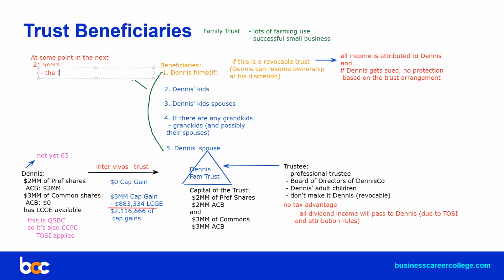At some point here, the trustee figures out which kids, or none, it might be none, are Dennis's heirs. Who's actually going to run the business? And that's where we would allocate probably the common shares.